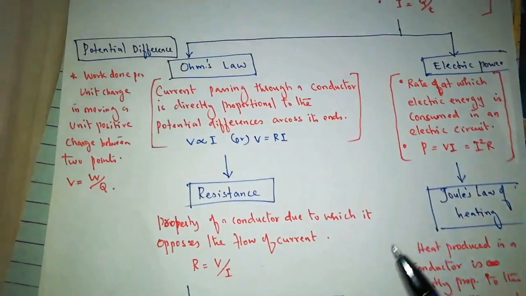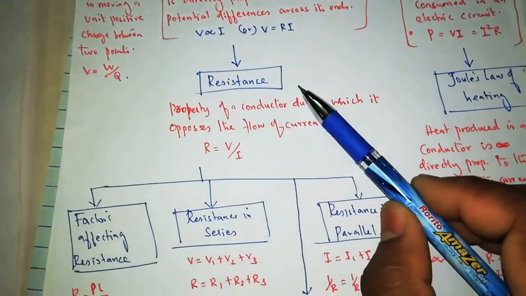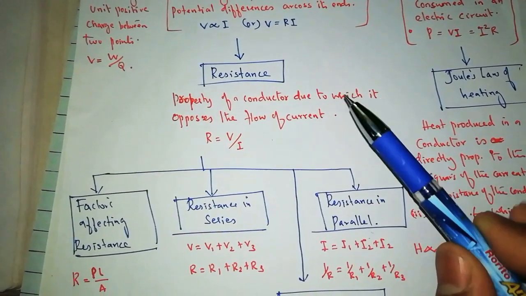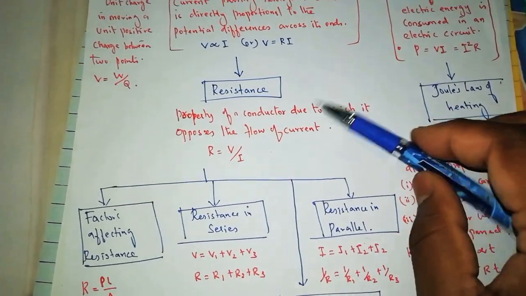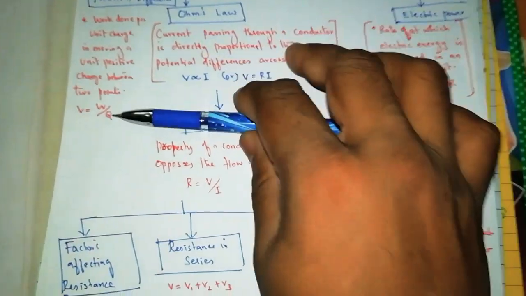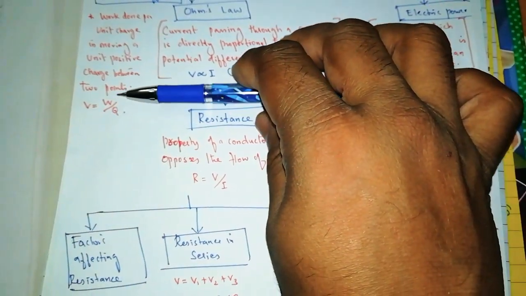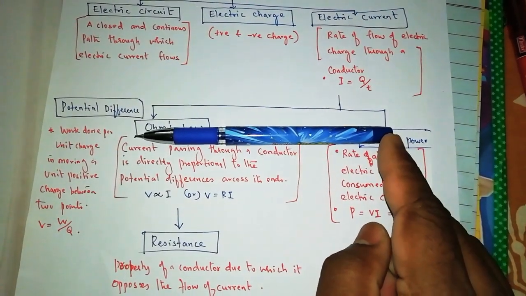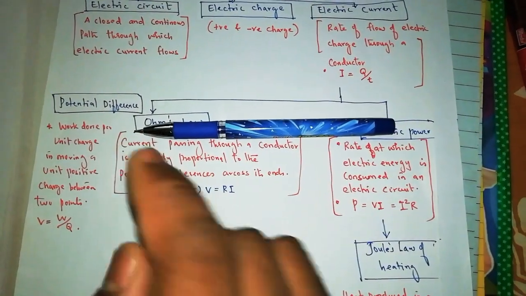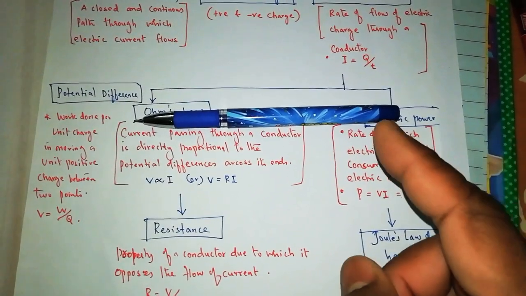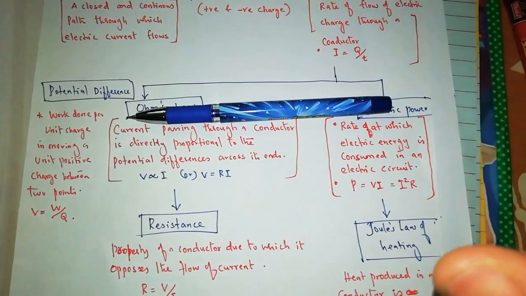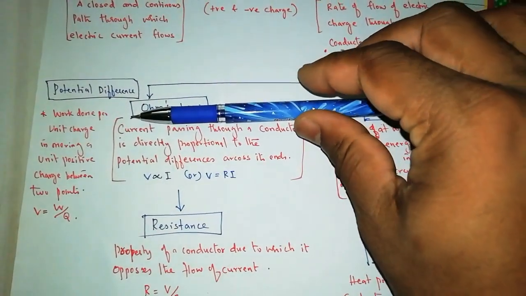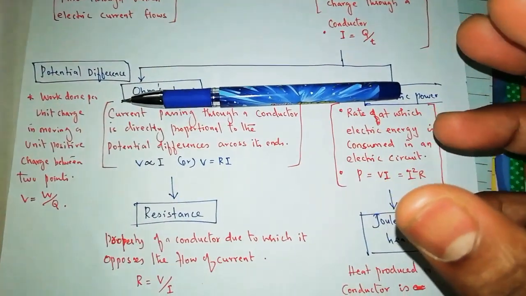Also, one more thing we have to learn: think that this is a wire and electric current is passing from here to here, right? After some time when electricity has been passing through this wire, if you go and touch this wire, you feel heat or warmth.